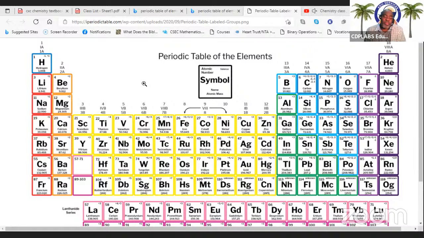Now, next question though. You know about glucose, right? What are the elements that are used to make glucose? There are three elements that plants use to make glucose.